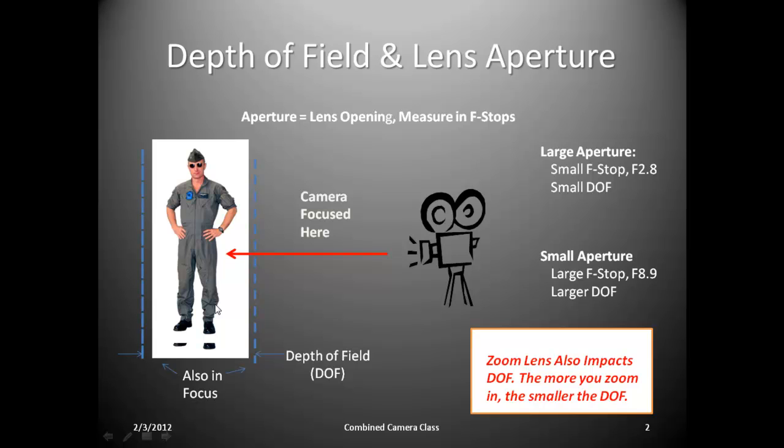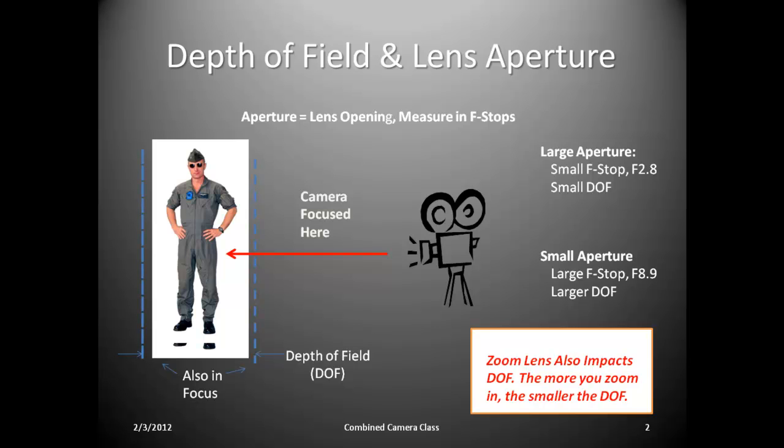Okay, in this slide, what I'm trying to show is what is going on. In the center of the screen you can see a camera. It's pointing and presumably focused on the soldier there on the left.